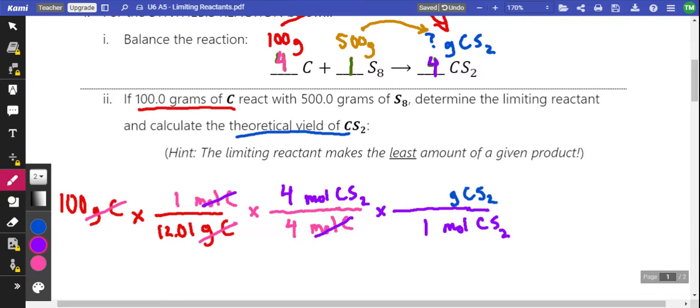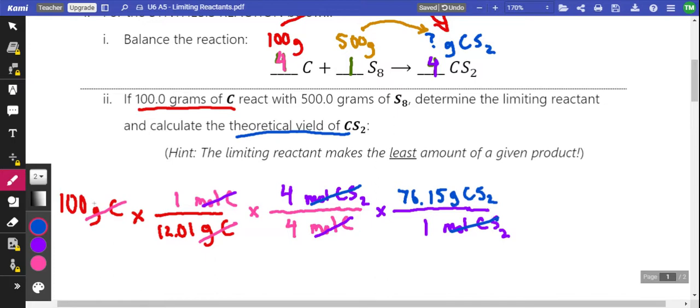Sulfur is 32.07, and I have 2 of those. So if I add up 12.01 and 32.07 and 32.07, I should get 76.15 grams of CS2 in 1 mole of CS2. This should help me cancel my last remaining units that I don't want.